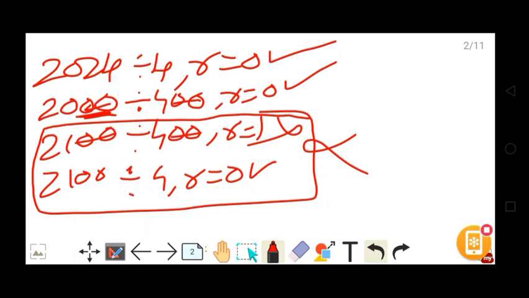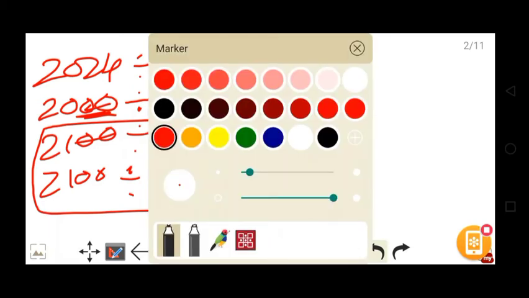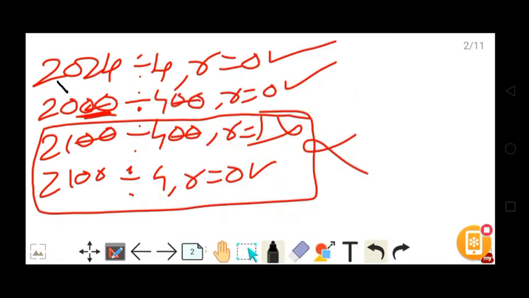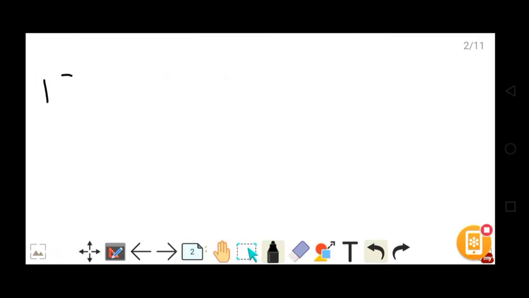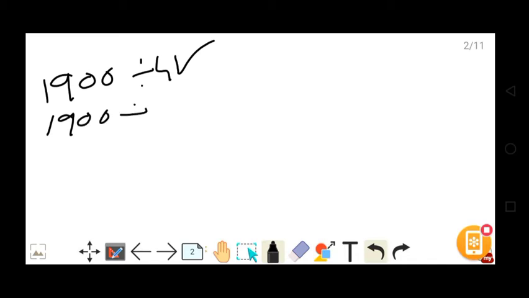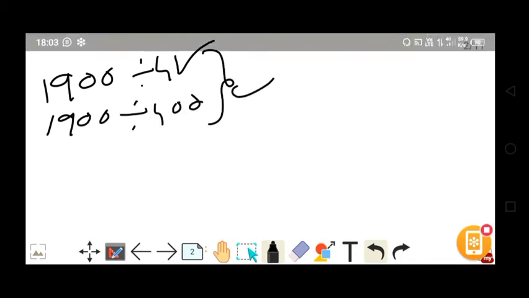So don't always treat a year divisible by 4 as a leap year, guys. There are some extra special cases. Every century year should be divisible by 400. Even if you check 1900, 100% it is divisible by 4 having remainder 0, but it is not divisible by 400. So this is not a leap year.